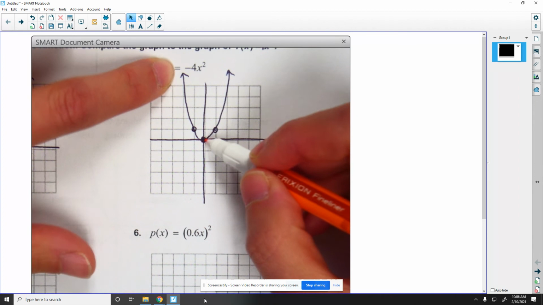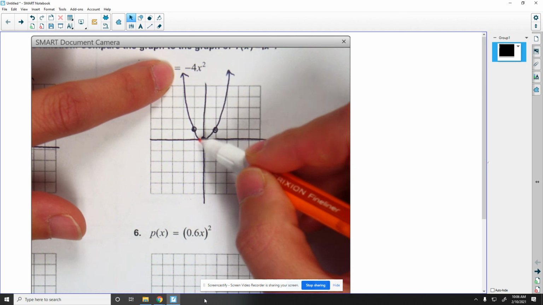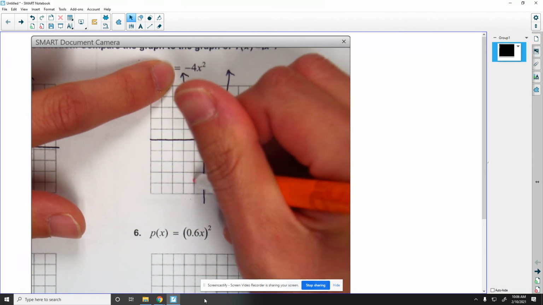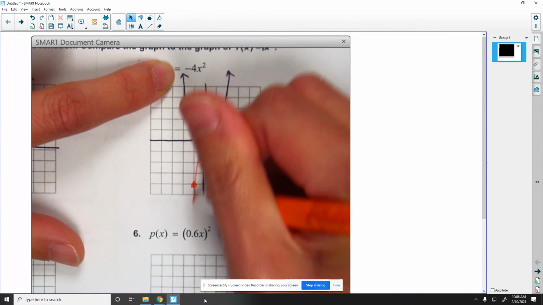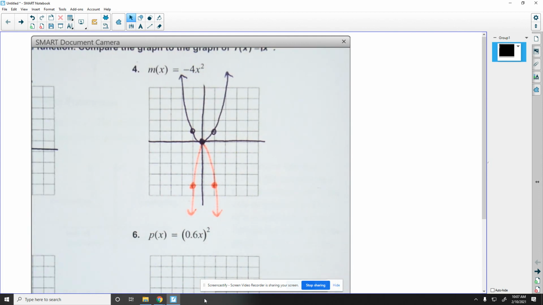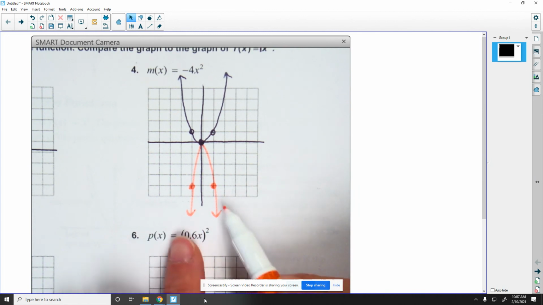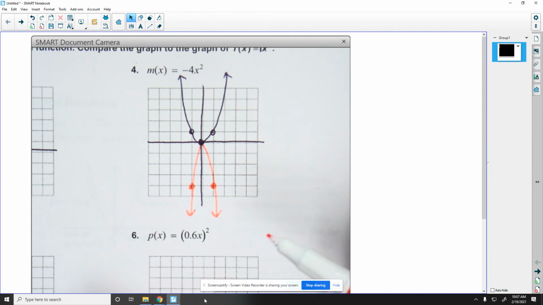So I still start at 0, 0, but do you think I'm going up or down now? Down, because it's negative. How many am I going down? 4. So over 1, down 4, over 1, down 4. Here is my new picture of negative 4x squared. So it's a little bit skinnier, and it's going down because it's a negative now, and it's going down 4 because it's 4x squared.